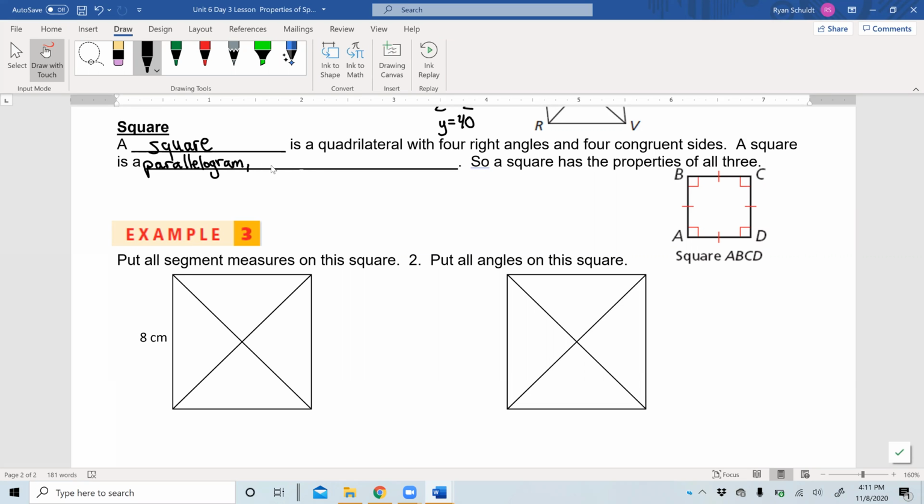A square is a rectangle. And rhombus. It's all of the above. So that means the square has to have properties of all 3 of them.